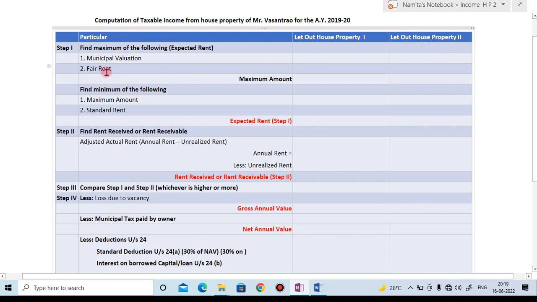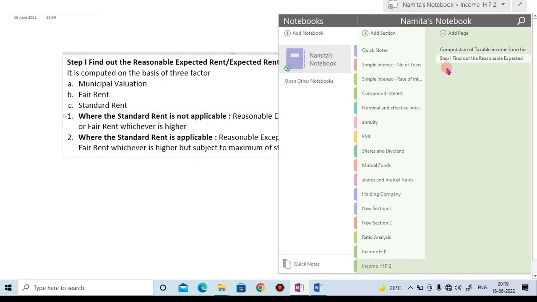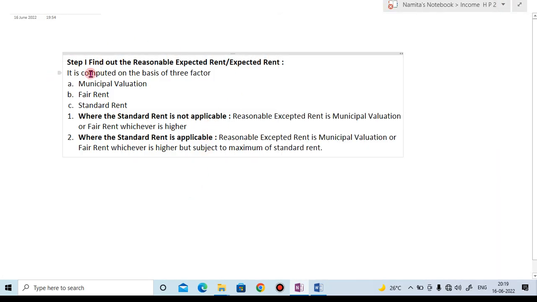Now what is the first step? We have to find the reasonable expected rent or expected rent. Remember one thing: step number 1 is to find out the reasonable expected rent.